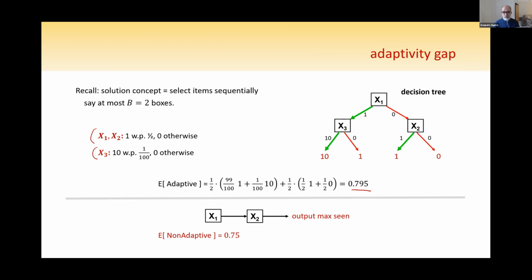You fail only when both of these come up tails, which is 25% of the time. Okay, so the gap in this case is 79 over 75, pretty much. So for the B box problem, you know that the adaptivity gap is at least this much. And what you would like to get is also upper bounds on the adaptivity gap.